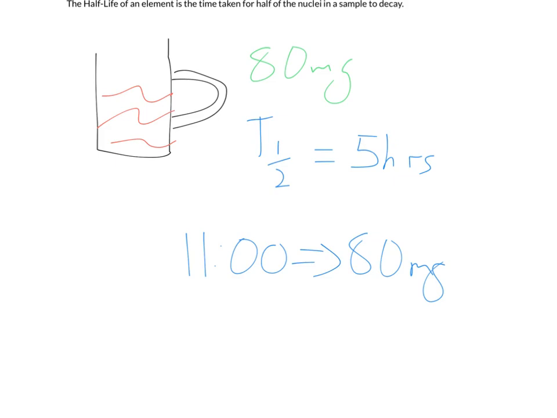So 5 hours later would be 4 p.m. So at that point then you'd have 40 milligrams or half a cup of coffee left in your system.